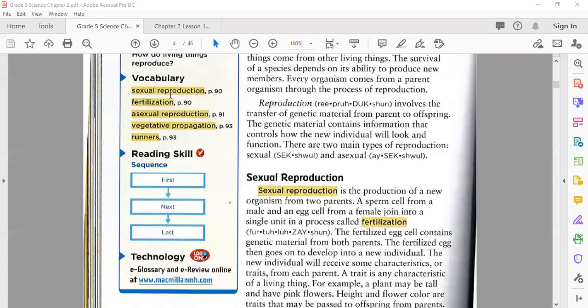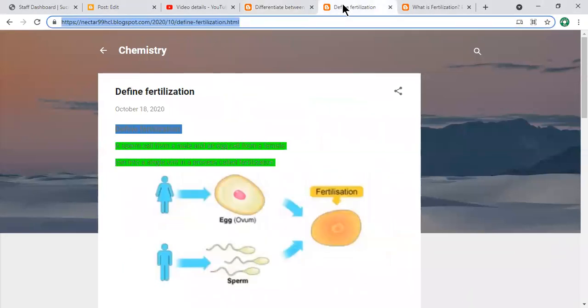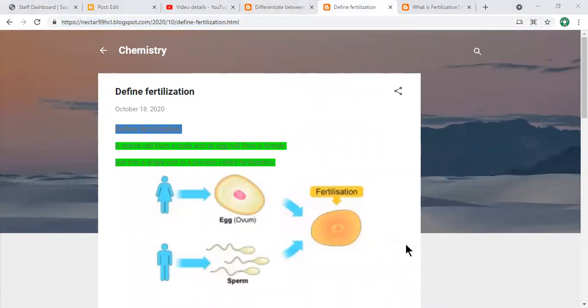So please look here and try to understand the meaning of fertilization and how their cells combine. We're going to see their cells here. Look, this one. That is a proper definition, and it will tell you how these cells combine. From a male, you can see very well, sperm.